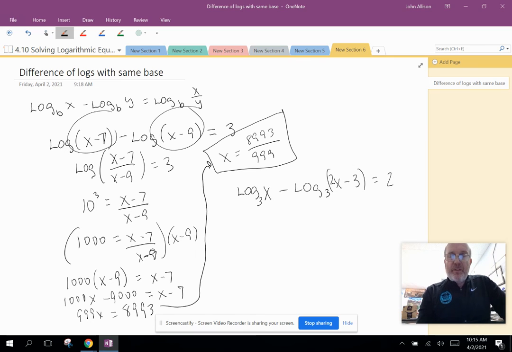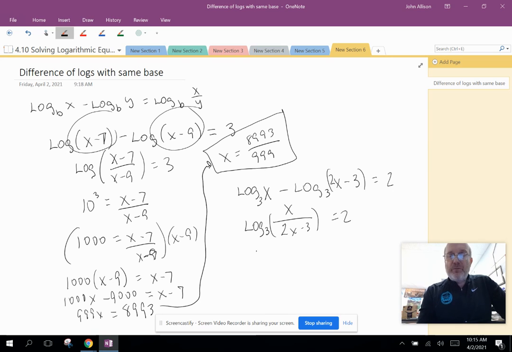Let's see what happens here. Understand we can sometimes get no solution. It may not work this time. I just made this one up. So this is, again, a place where we can use log base 3. We can use that quotient, x over 2x minus 3, and that equals 2.